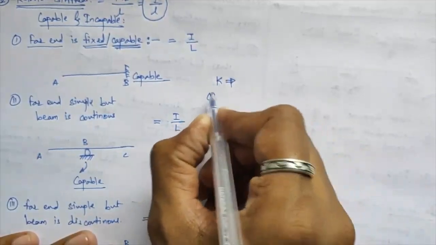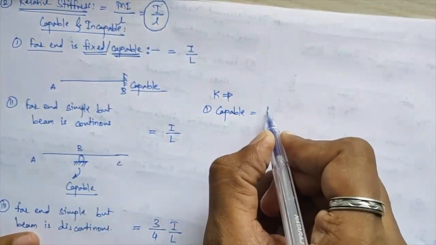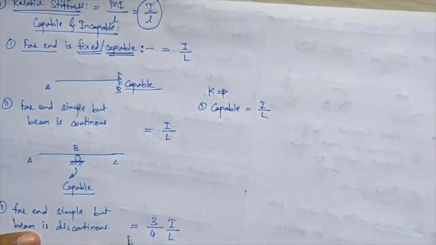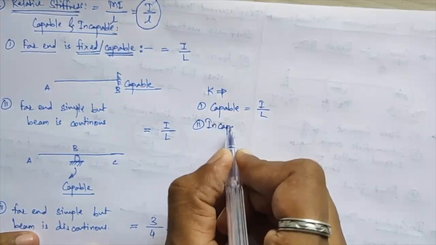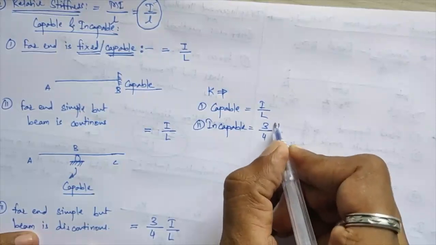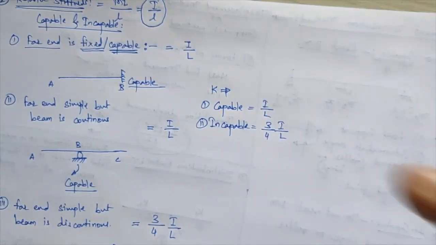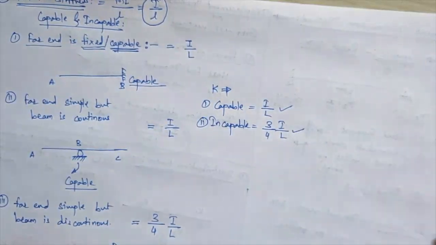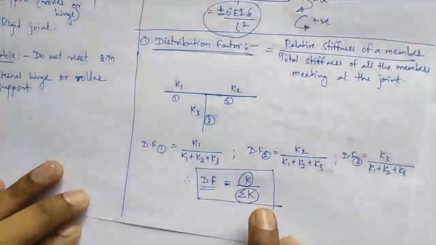In case of the first, that is if your far support is a capable support, your K value comes equal to I by L. And if your far support is the incapable one, your relative stiffness value will come equal to 3 by 4 of I by L. So these two terms you have to remember very carefully, because these two terms are responsible for calculating the distribution factors that we have seen previously.